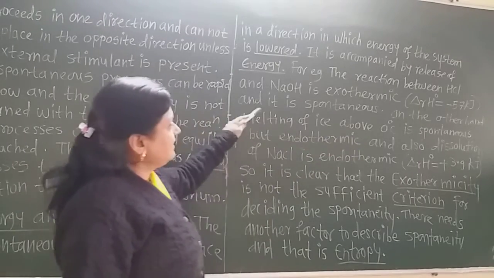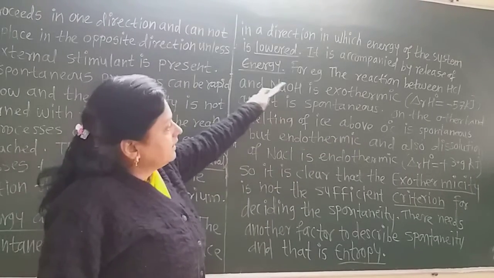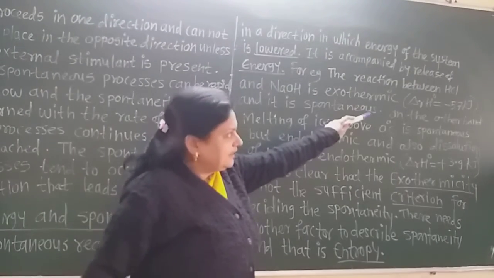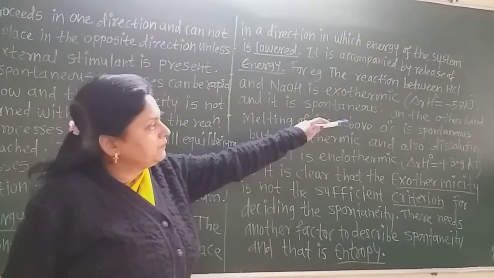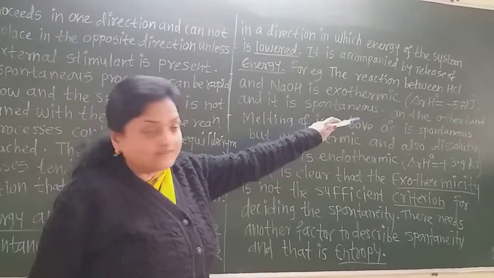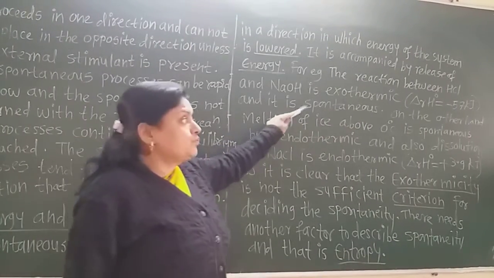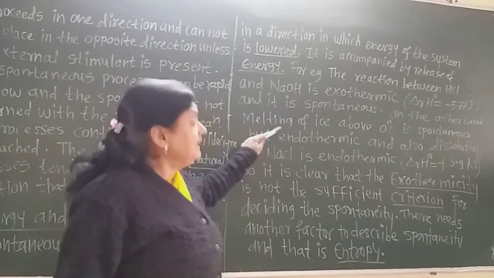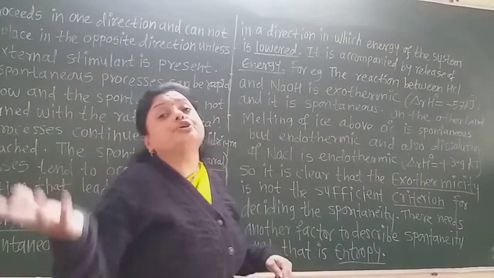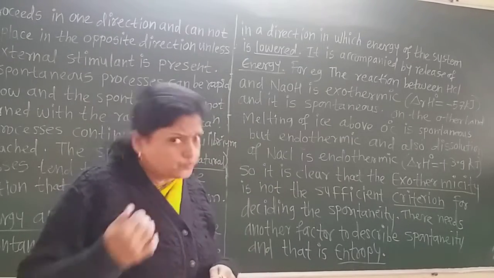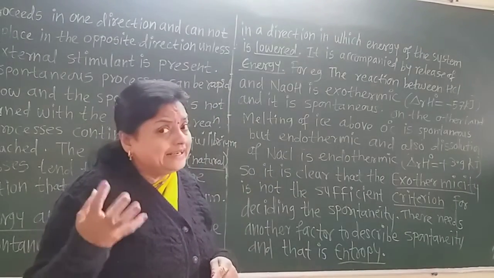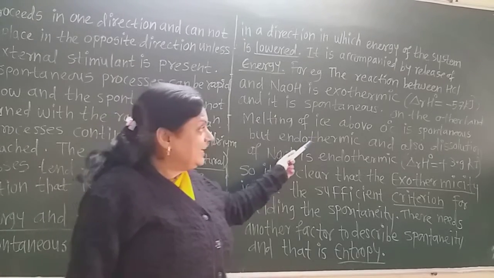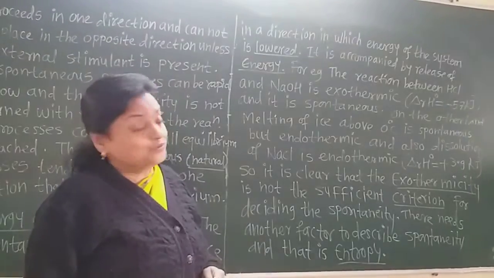On the other hand, the reaction between HCl and NaOH is exothermic, with delta H of reaction equal to minus 57 kilojoule, and it is spontaneous. But melting of ice above 0 degree centigrade is spontaneous, yet it absorbs heat, so it is endothermic, though it is spontaneous.